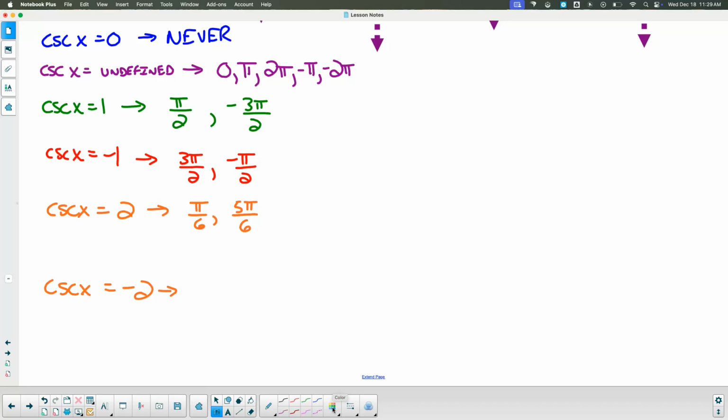Good? Taking the reciprocal of our y value on the unit circle. So 1/2, we're looking for where sine is 1/2 basically. That's going the positive way. Now let's go the negative way. So it would be -7 pi over 6. Okay?